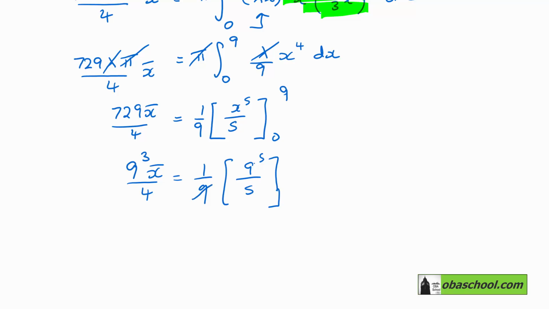And so we can get rid of one of those and knock that down to there. 9 cubed will cancel with that, so we've just got a 9 over there. So we have that x bar over 4 is equal to 9 over 5, giving us that x bar is 36 over 5.